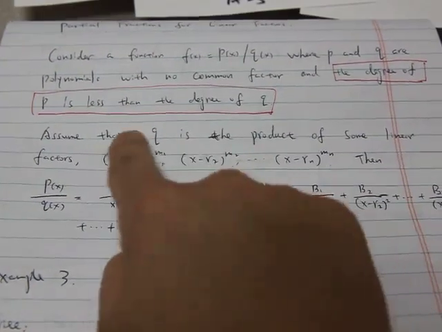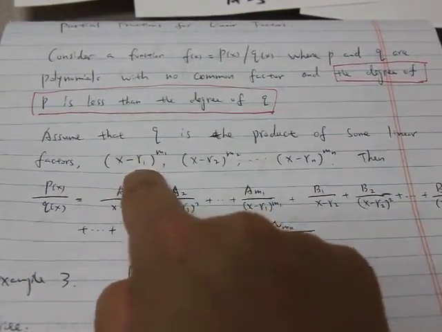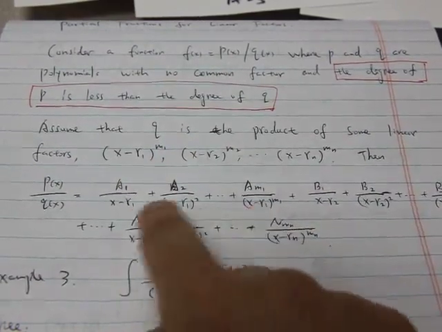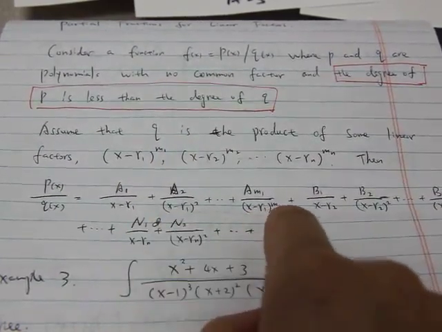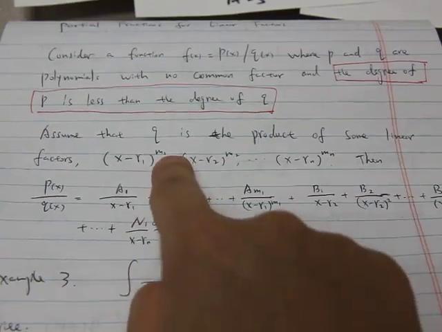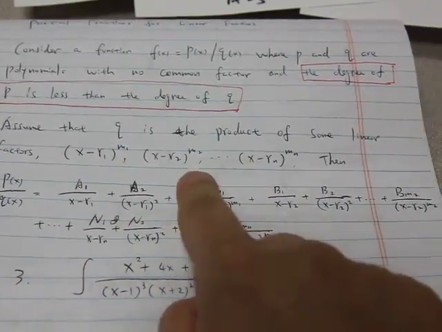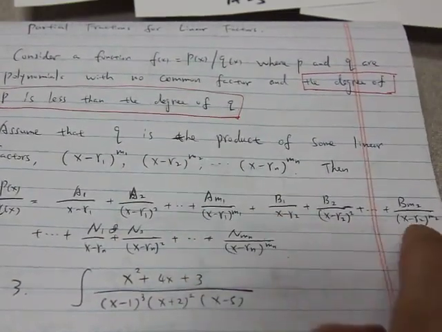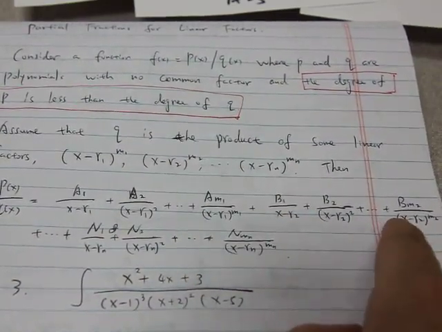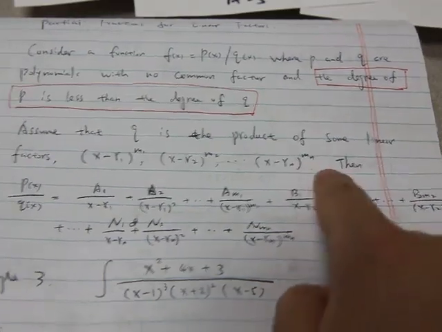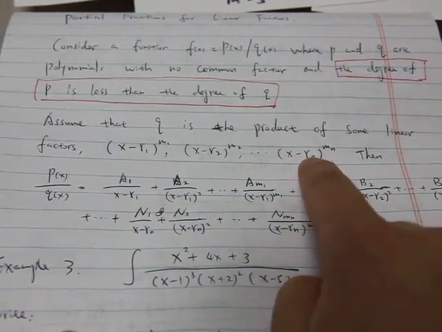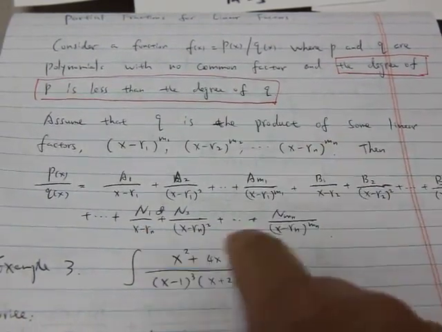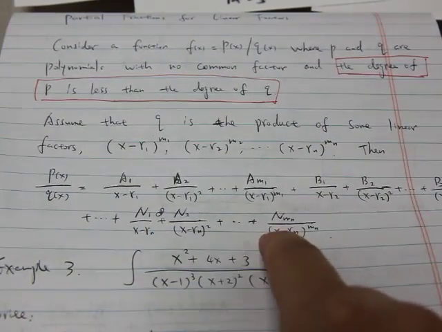So for the first linear factor, we're going to generate how many? m1 fractions, right? And plus, for the second linear factor, we're going to generate m2 fractions, and all the way to the last linear factor, we're going to generate mn fractions.